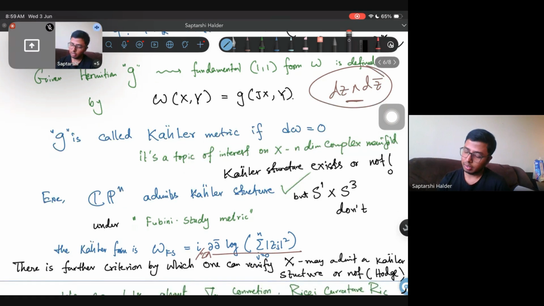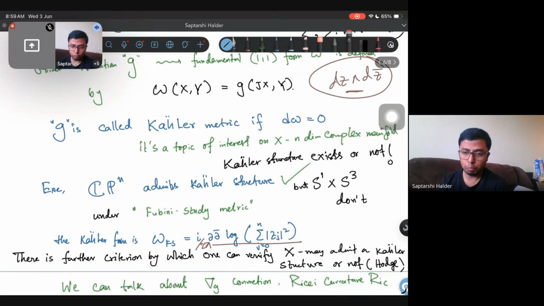But if we take S1 cross S3, the scalar structure doesn't exist at all. But there are also some manifolds where we cannot decide whether the scalar structure exists or not. Okay, so in some scenarios, I'll just tell you briefly with a note that there are some manifolds.